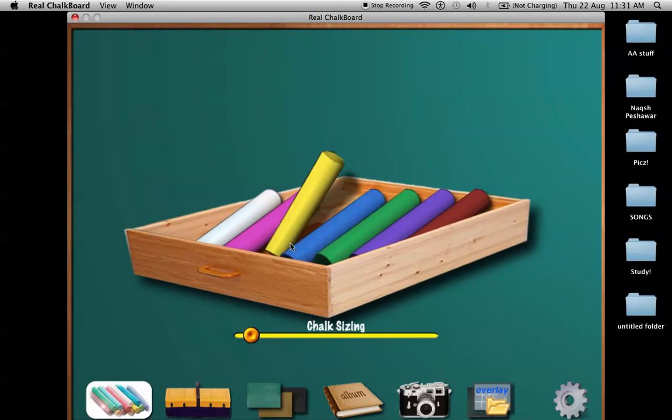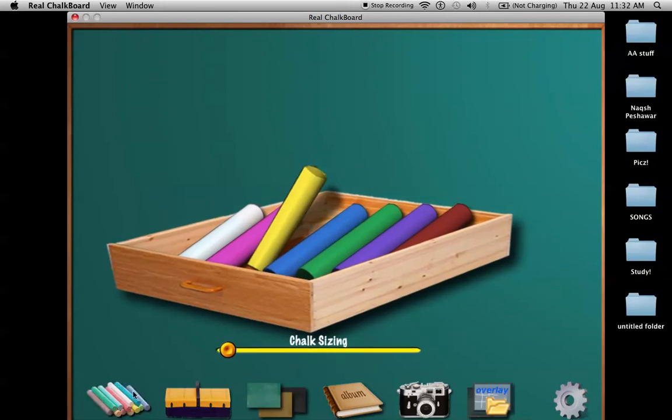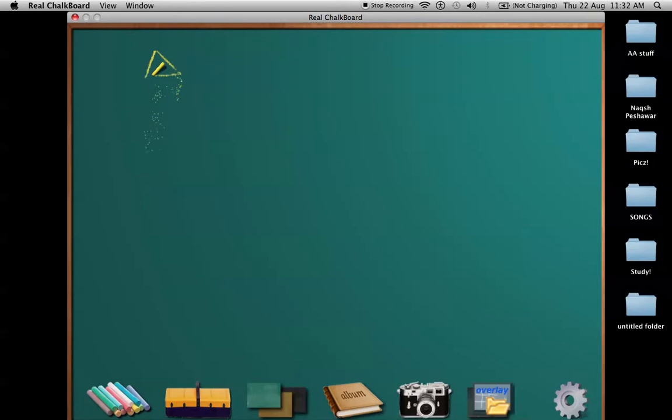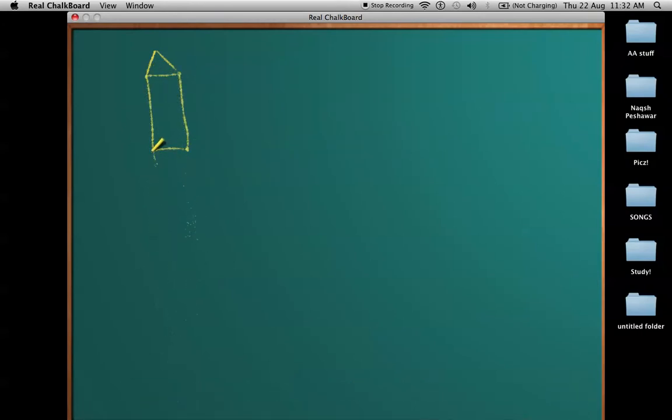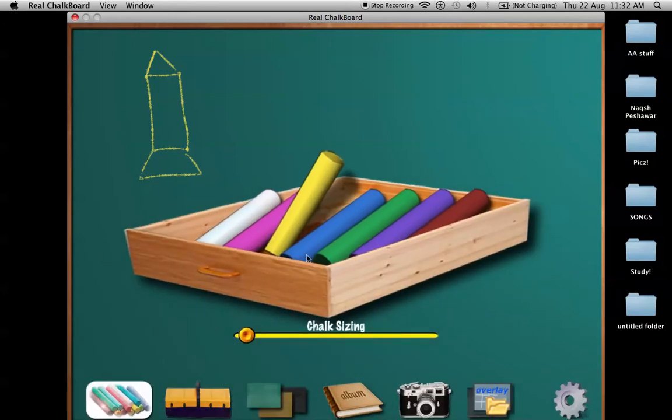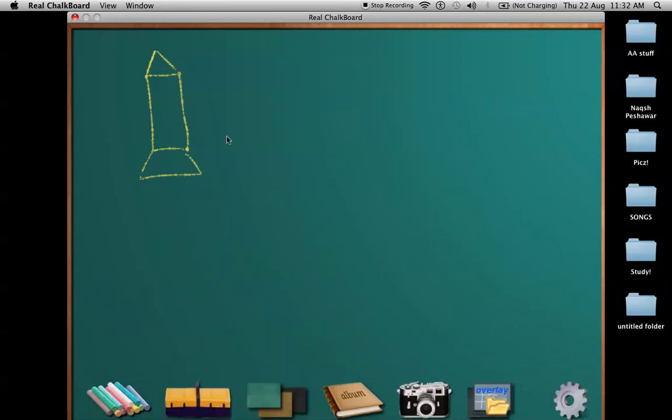So let's just change this. Here, this is our rocket again. And we have found out the weight of this rocket, which is obviously a force, so it acts downwards. This is the weight, which is 5,000 newtons.